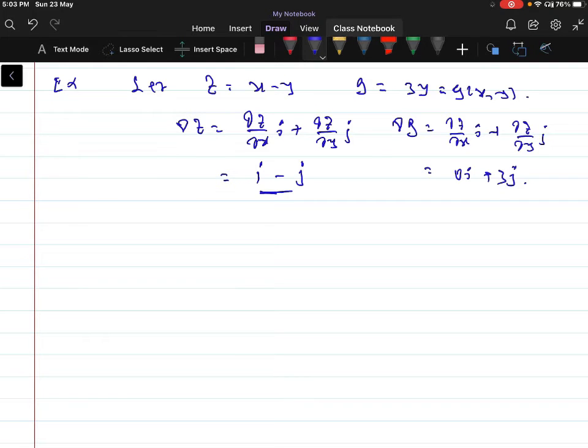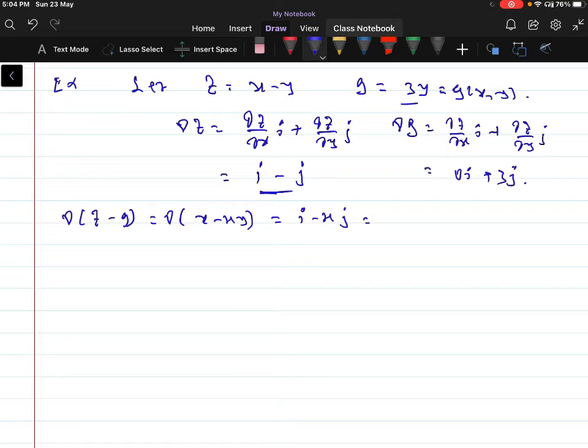Now gradient of f minus g, so that is equal to gradient of where f is x minus y and minus of g where g is 3y, that is x minus y minus 3y, that is x minus 4y. So gradient of this function is dou f by dou x, where x differential 1, that is I cap minus 4 into j cap.